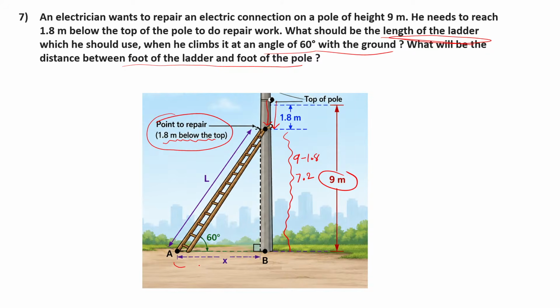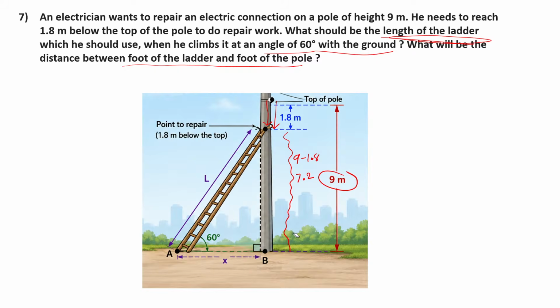Now here the distance between the foot of the pole and the foot of the ladder also we have to find. That is why I mentioned it as x. And we have to find the length of the ladder also. That means we need to find the hypotenuse, and this one side also we need to find. Okay, I hope you understood the diagram very clearly.